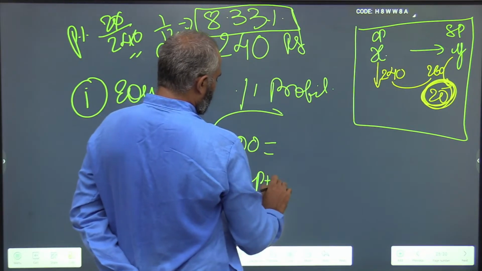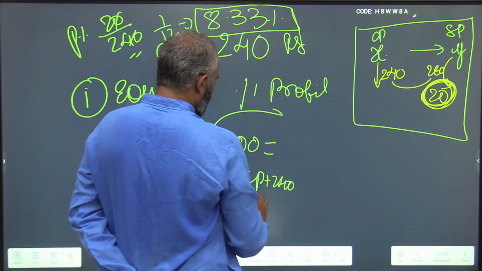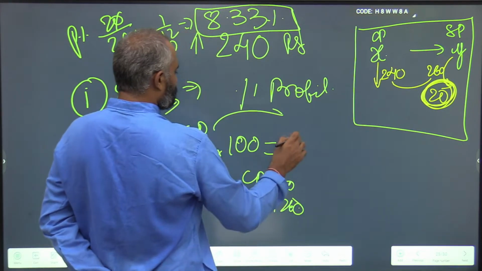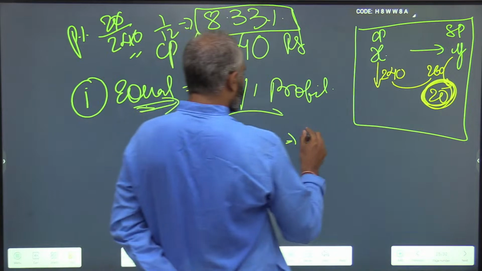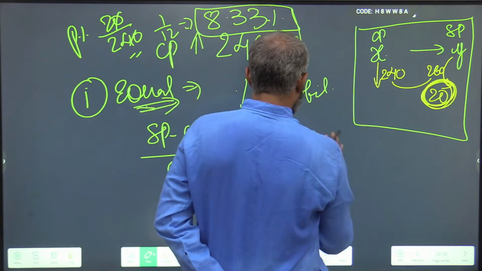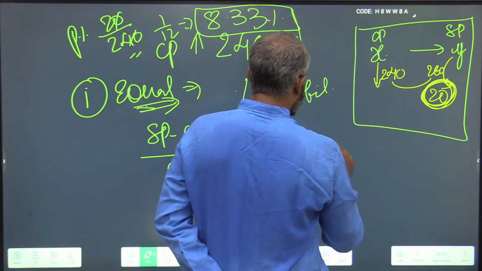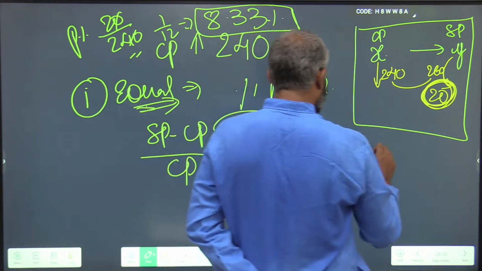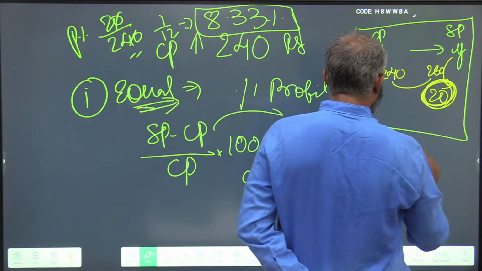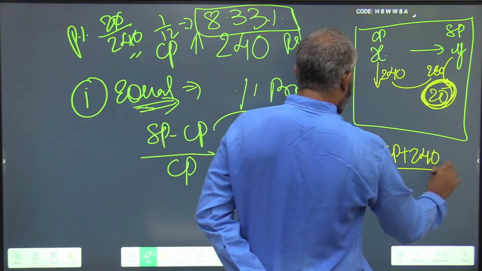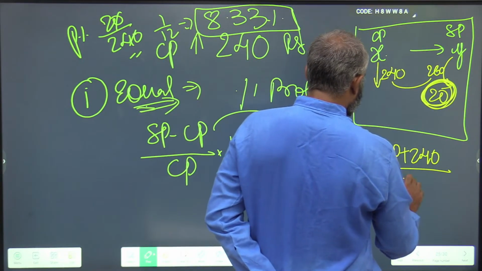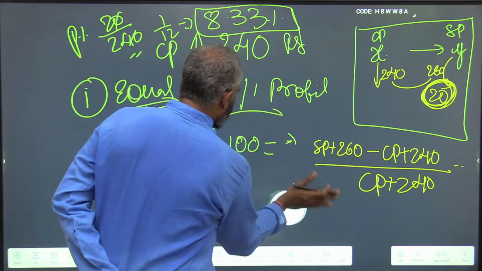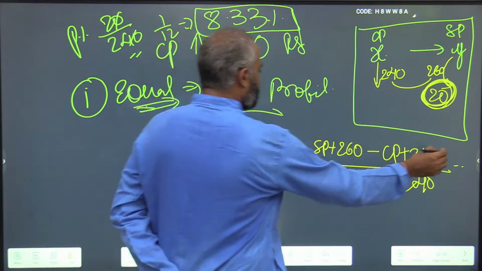CP plus 240, SP plus 260. These are the new values. So what is the new profit percentage? It is SP plus 260 minus CP plus 240, by CP plus 240, into 100%.